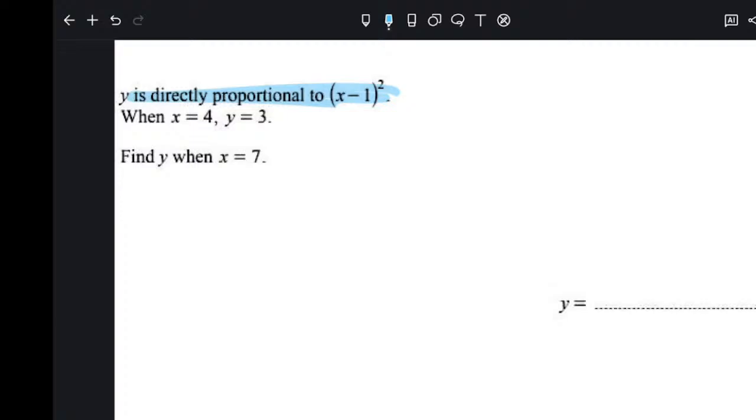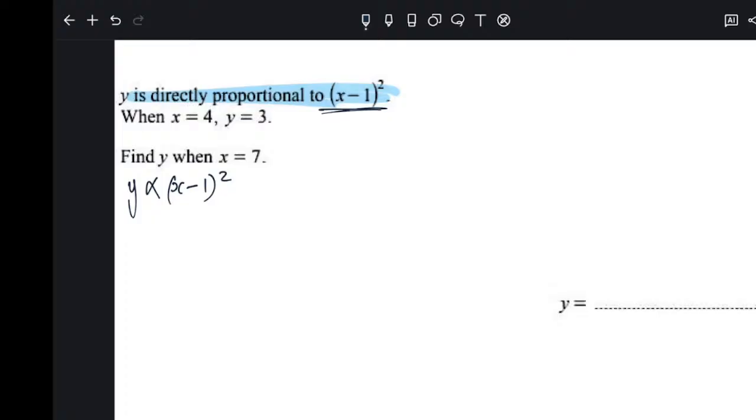y is directly proportional. It's direct. So you say y. Remember, direct and inverse, it's the same thing. You still put a fish. But for inverse, you would have said 1 over. For direct, you don't say 1 over. You just put your fish, then you read the second part. It's proportional to what? x minus 1 all squared. So it'll be x minus 1 all squared. This is the first step.